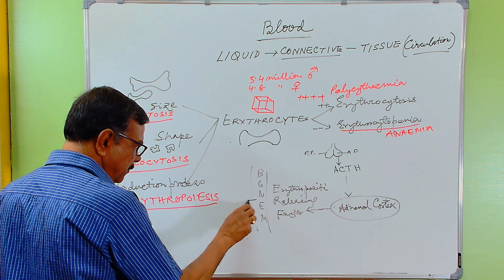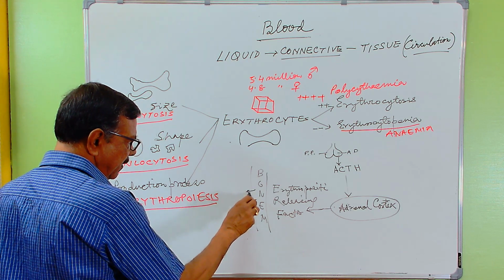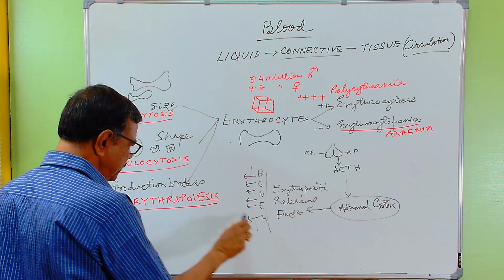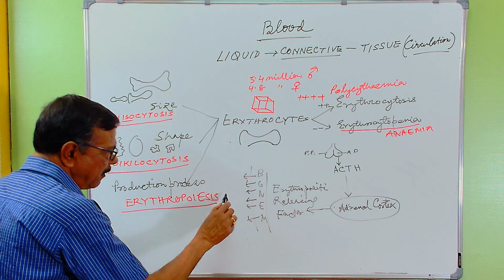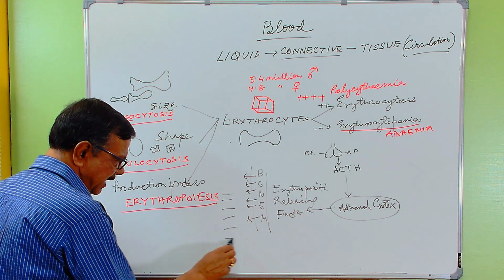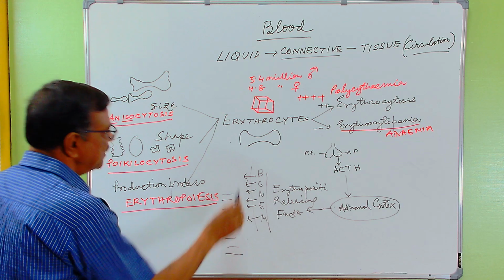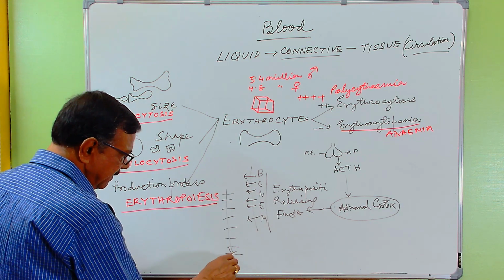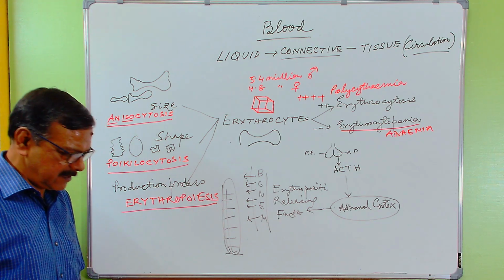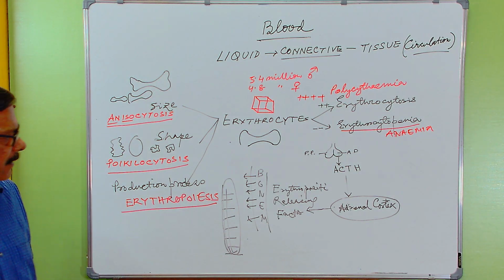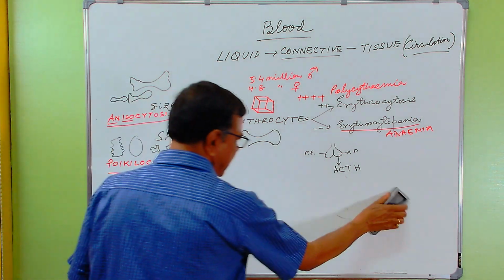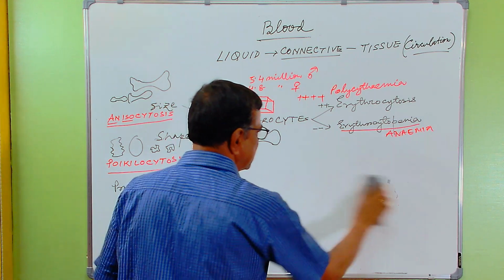The bone marrow then starts actively producing from megaloblast, normoblast, erythroblast, then erythrocytes. These are the processes. So this production is known as erythropoiesis. Okay. Now we'll come to the next part, or rather the penultimate part of our discussion.